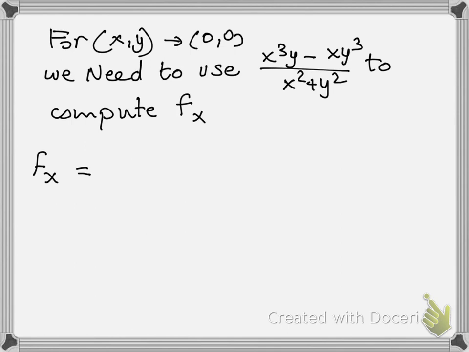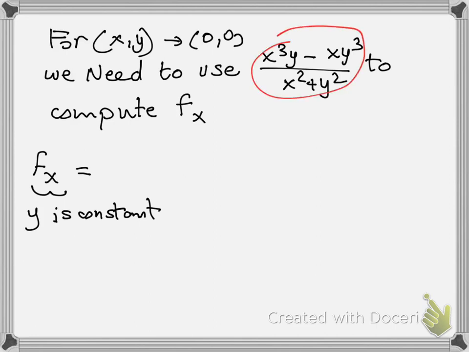Okay, so what's the derivative of f here with respect to x? Here again, y is a constant. This is a fraction, right? So we need to use the quotient rule.